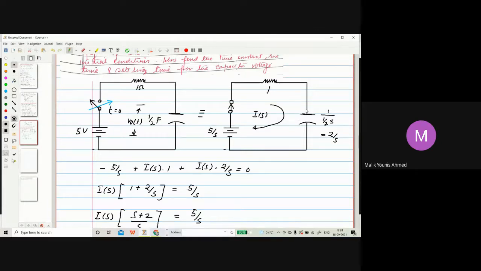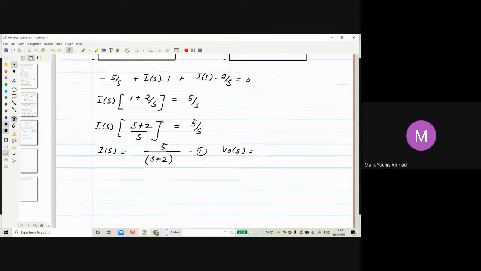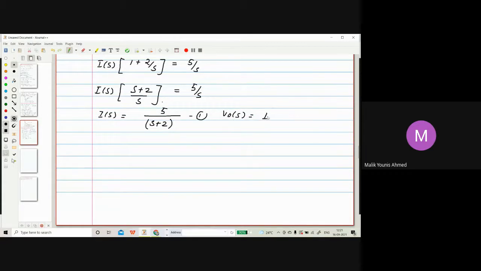So we can find V naught of S, which will be the current multiplied by 2 by S. So the current I of S into 2 by S. Therefore V naught of S will be 5 divided by S plus 2 multiplied by 2 by S. This will come out to be 10 divided by S into S plus 2. So the V naught of S value is this.